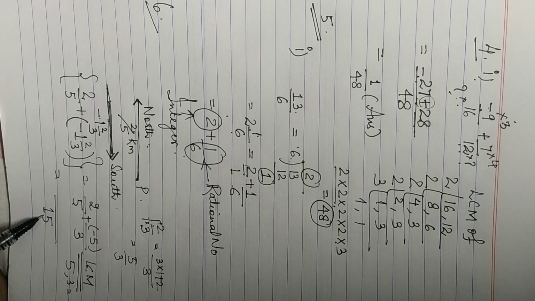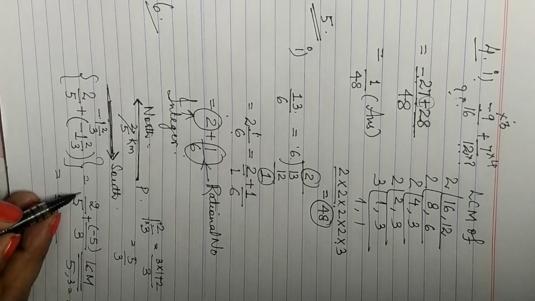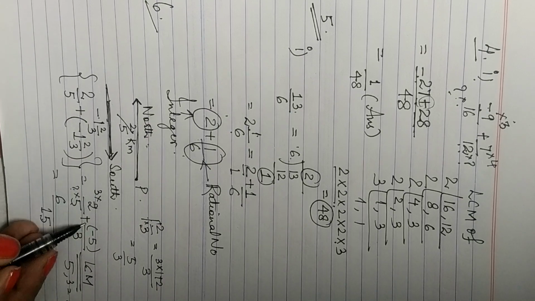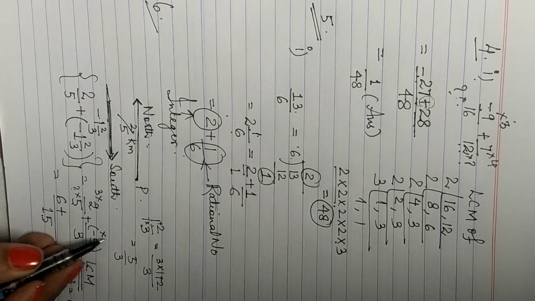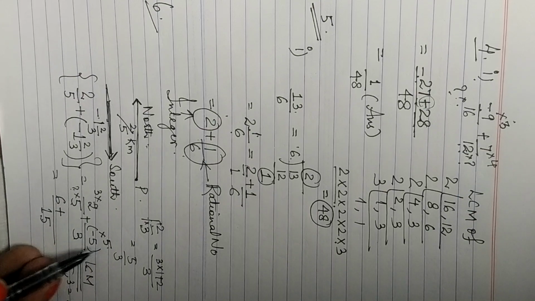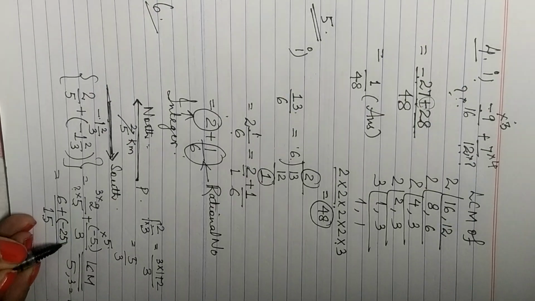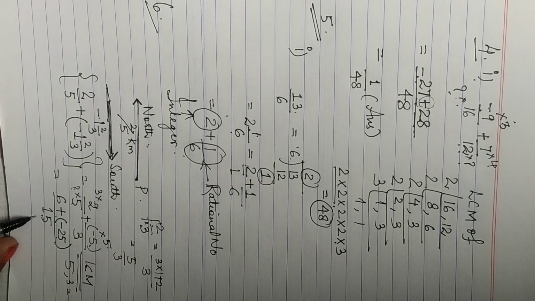5 3s are 15. So, 3 into 2 will give you 6. 5 into what is 15? 3. So, 3 into 2 will give you 6 plus 3 5s are 15. So, minus 5 into 5. Minus 5 into 5 will give you a negative number, minus 25. So, 6 plus minus 25 upon 15.